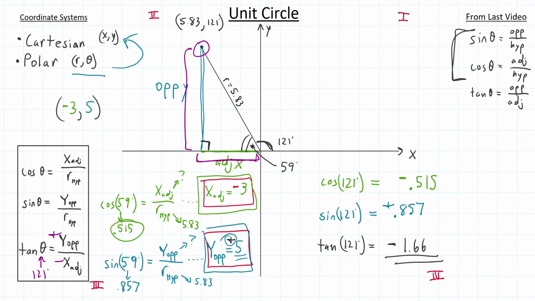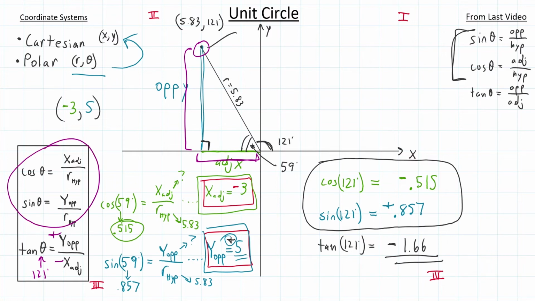So now, if you wanted to try the problem again, the problem of converting this point right here from its polar form to its Cartesian form, you could just use the cosine and sine of 121. So you could just run those cosine and sine calculations again. Of course, your calculator knows what the cosine and sine of 121 is, and you would just get -3 and 5 with minimal effort.